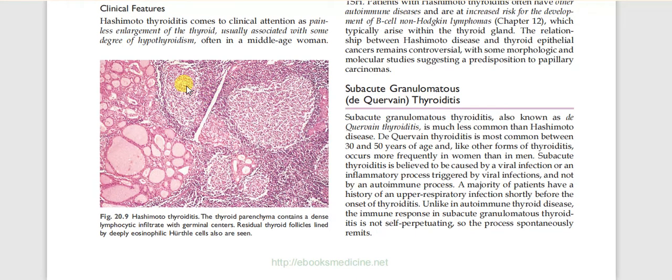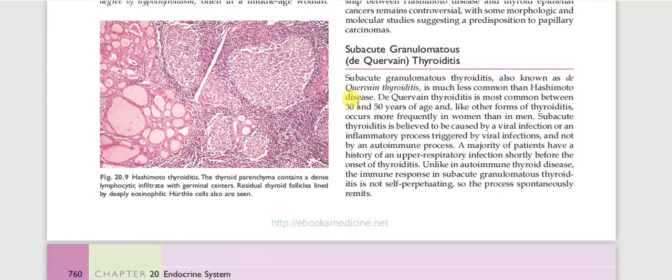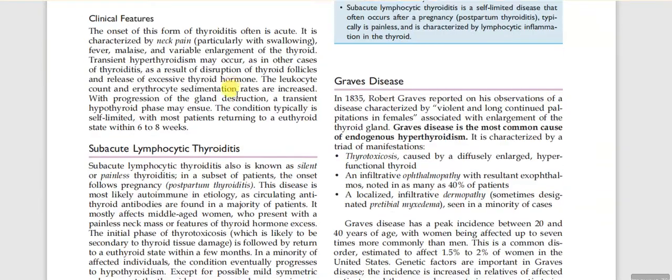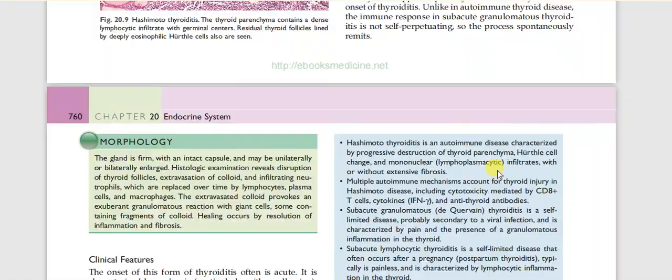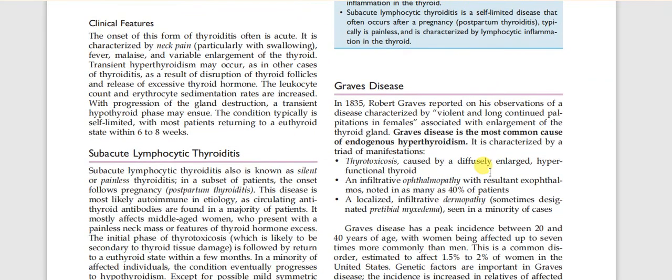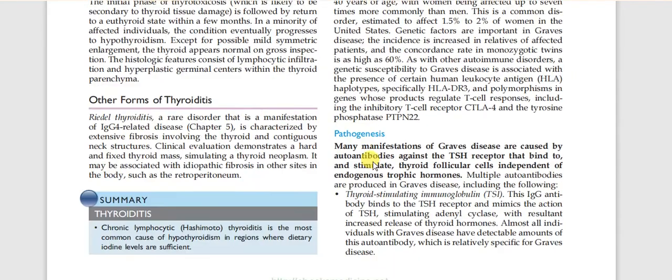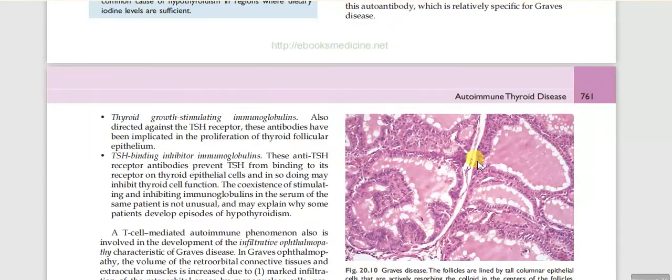In some places we see inflammatory cells, which are not well visible here. But you see, damage to the cells is going on. Different forms you'll discuss in internal diseases, might be even better to discuss in the endocrinology subject. Then we have Graves' disease, which is much more interesting for me.